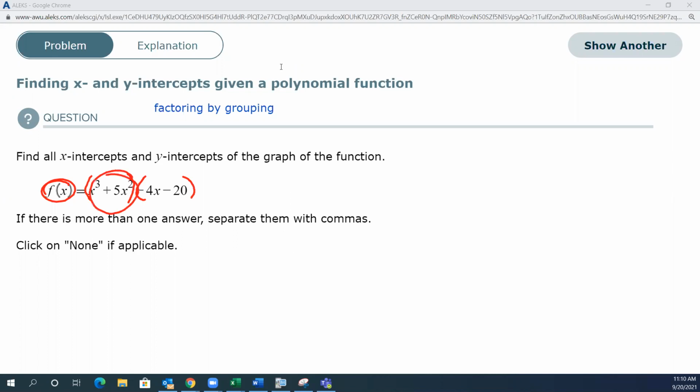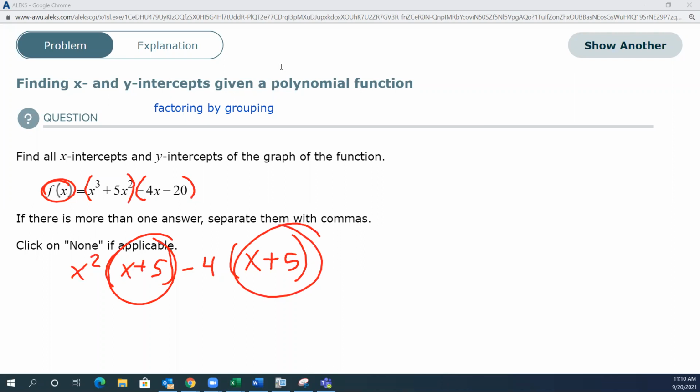So out of these 2, I can pull out an x squared. And out of the second binomial, I can pull out a -4. And if everything is going according to plan, these 2 guys are going to be the same. If they are not, then you got to try something else.